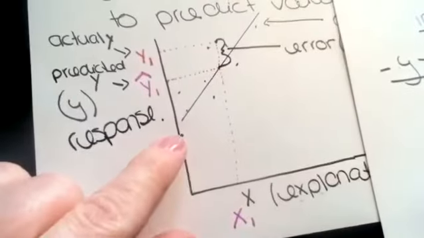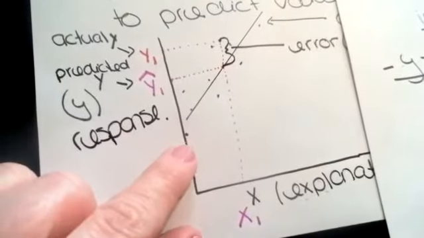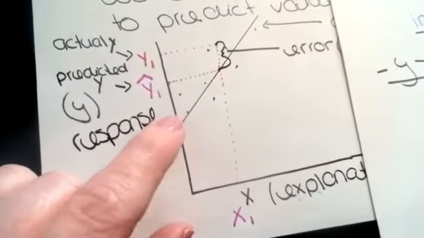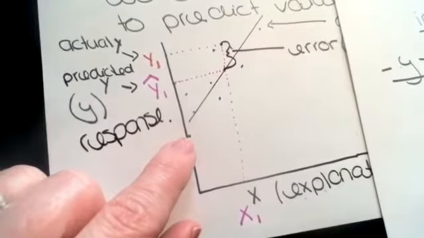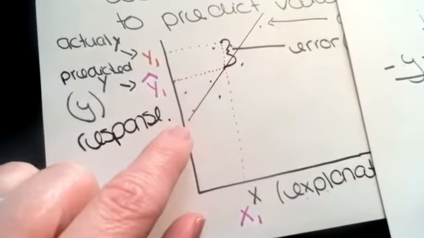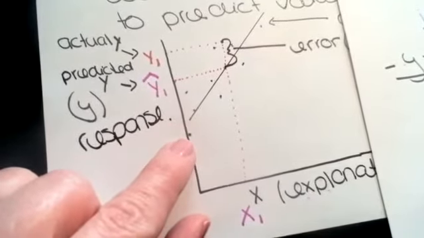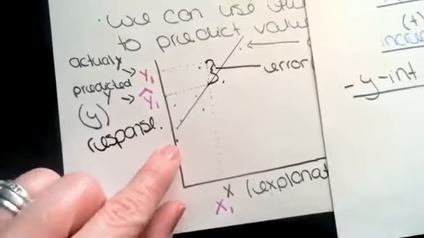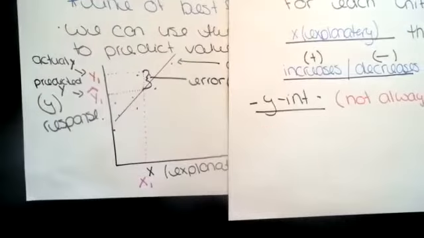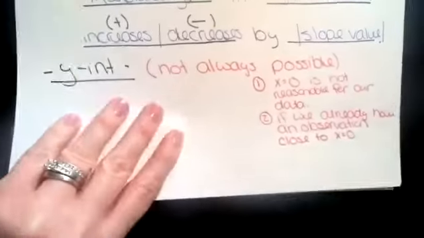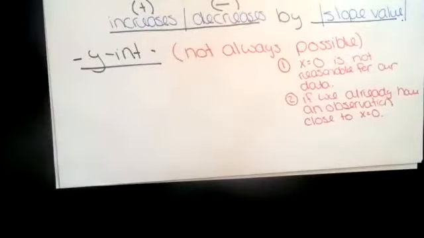If I have something like this, then I shouldn't be interpreting my y-intercept for that value. I shouldn't be interpreting the y-intercept for the line when I already have an actual data point that's close to that y-axis, x equals 0. So those are the two scenarios where I should not be interpreting my y-intercept.